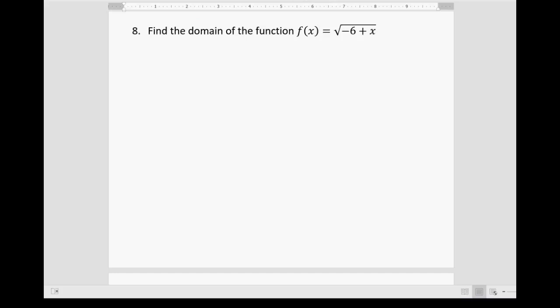The way to figure out the domain is to set the radicand, which is what's under the square root, greater than or equal to 0, because that will tell you what your domain can be. This is okay: what's under the square root can be 0 and it can be greater than 0.